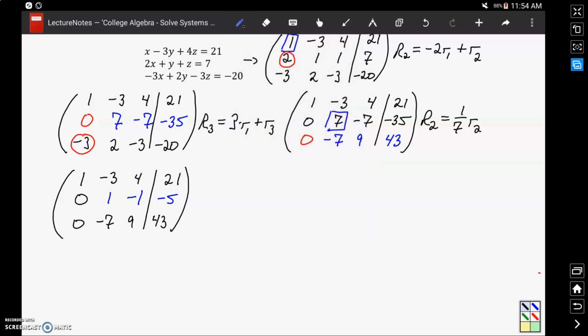But now we will look at updating row 3 because we'll want to turn that value below our 1 into a 0. In order to do that, we'll look at updating row 3 by taking 7 times our values in row 2 plus row 3.